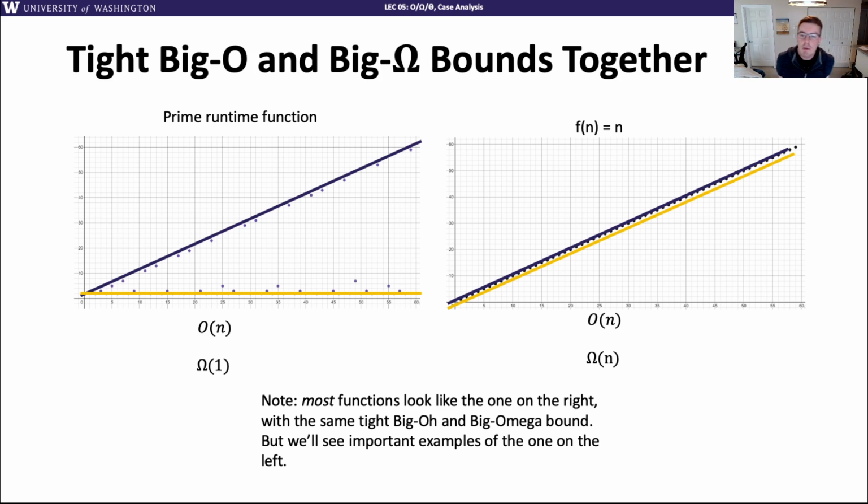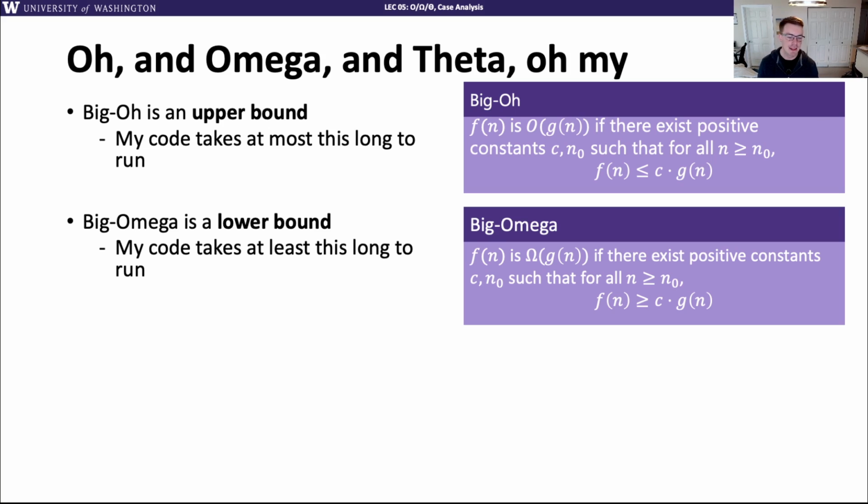Since most of the time big O and big omega agree, we have one last notation to introduce to convey that fact, that it's this nice case where the big O and big omega are both tight and agree. We call this last one big theta. Again, big O, upper bound: my code will take at most this long to run. Big omega is a lower bound: my code takes at least this long to run.